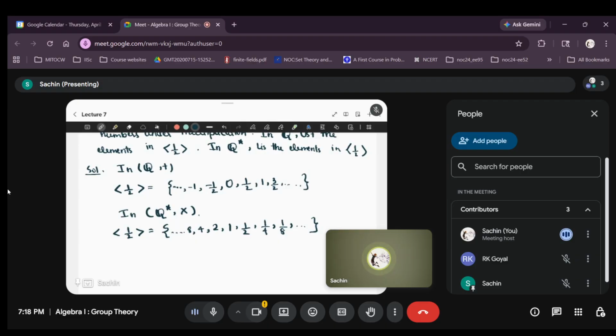So the same element, depending on the group and group operation, will generate different subgroups. So the notation half doesn't have any meaning without the context of the group which it belongs to.